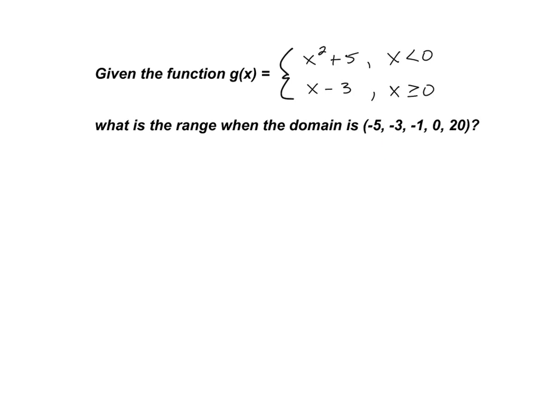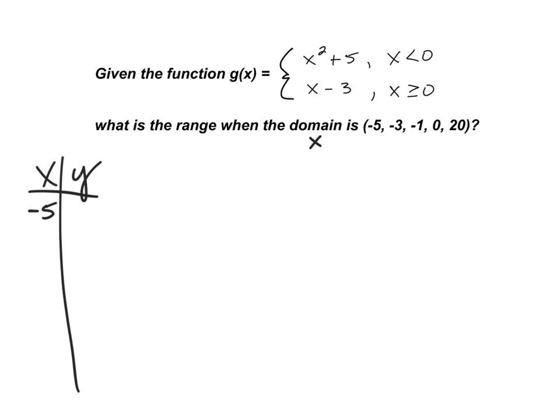So just to help me out, I'm going to draw a table for my x and y values, my domain and range. The first value of my domain, which is the x values, is -5. Okay, now I've got to think, which of those two functions am I supposed to use? Well, -5 is a value that is less than 0, so I need to use this particular function.